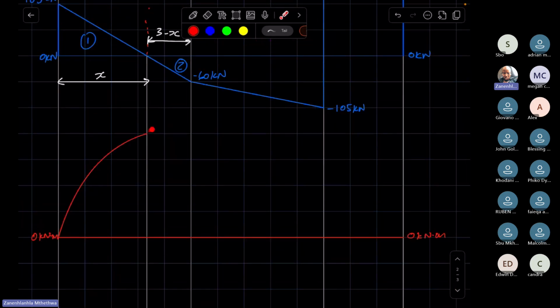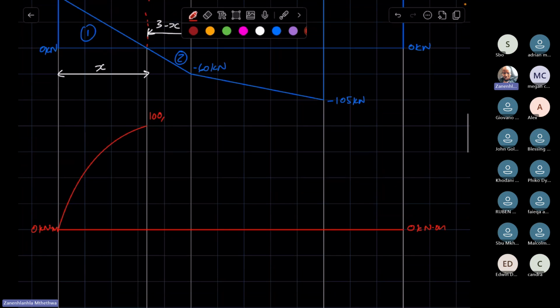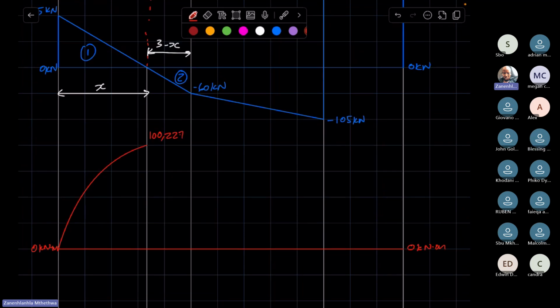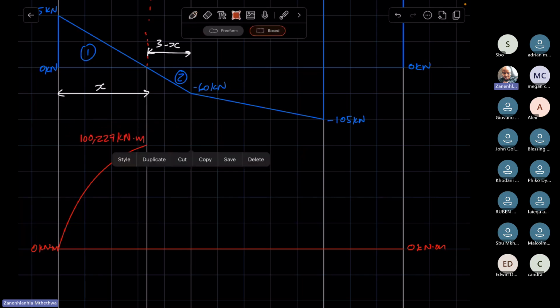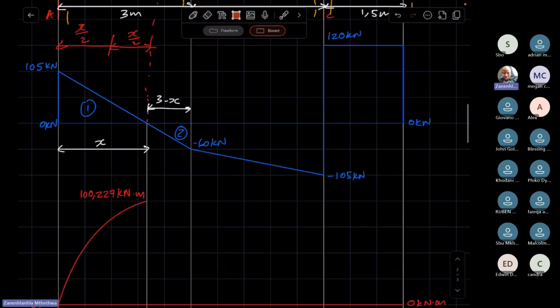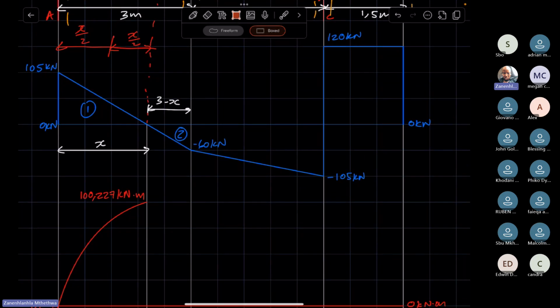Now from here to where the beam experiences the most bending, that is where you have your 100,227 kilonewton meters, and then from there you now have to show the bending moment at point B.